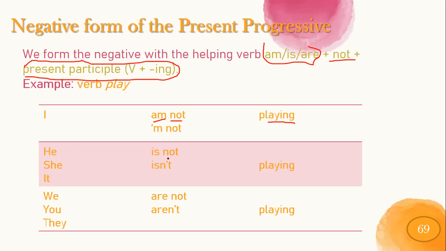He is not playing, or he isn't playing. She isn't playing. It isn't playing. Is is the helping verb, playing is the main verb, and not is the negative word I added between the helping verb and the main verb. The same for are: we are not playing. This is the negative form in the present progressive. That's it.